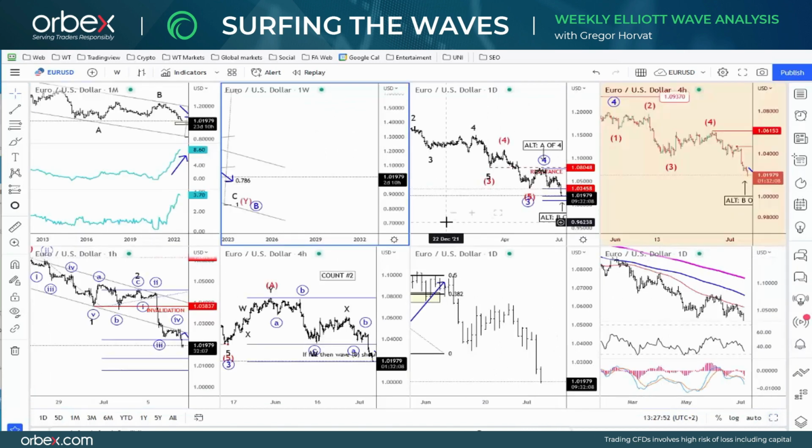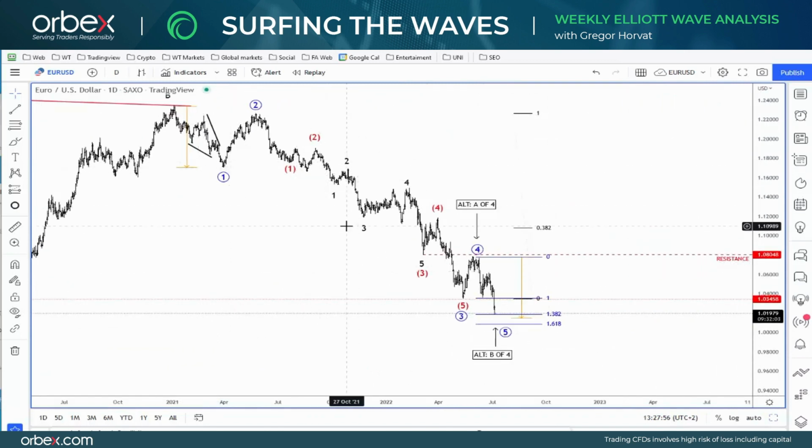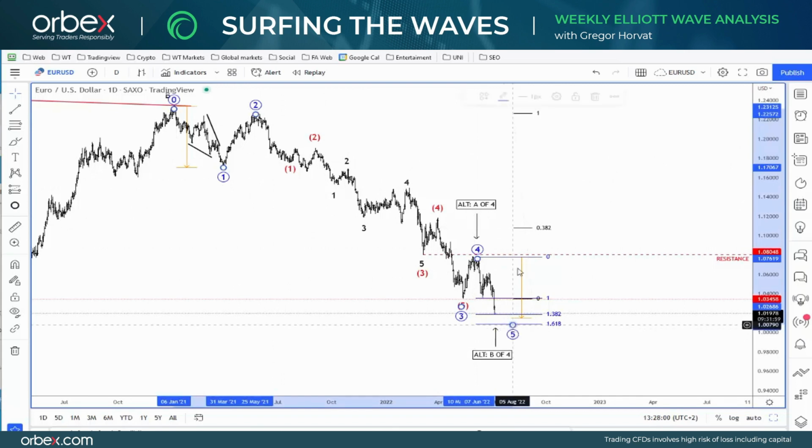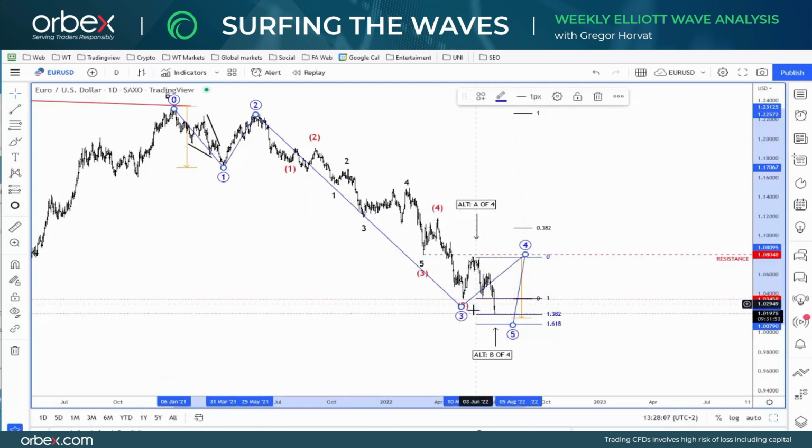So looking at the smaller degree charts on the euro dollar, firstly the daily, you are potentially in a wave 5. There's an idea that maybe even wave 4 could be a flat correction, meaning that you can see one move to a new low and then a reversal higher for a wave C. But in such case, I would really love to see that market will stop at these fib levels.